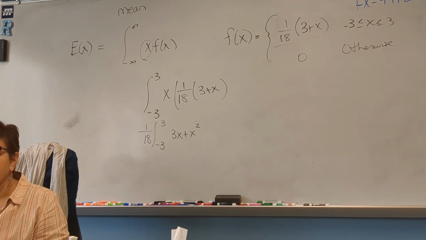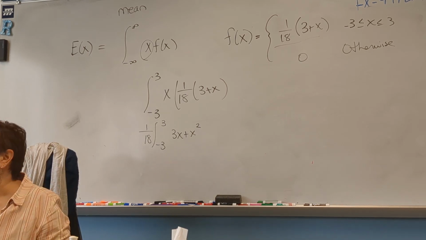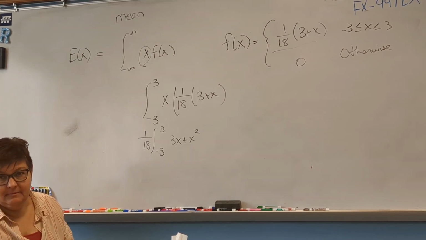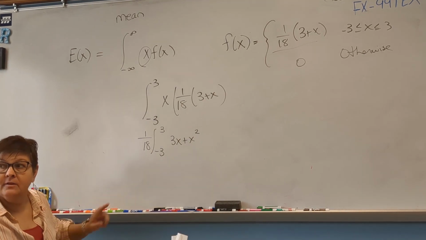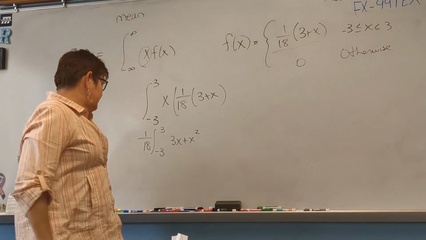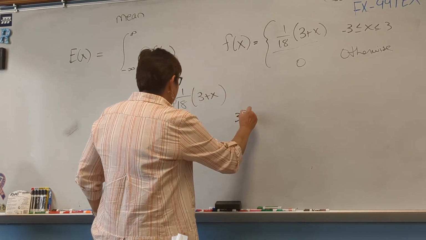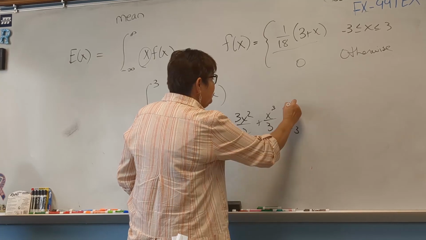So do we just integrate and find the mean? Yeah, good old fashioned integration. Does anybody need help with this to get the answer? It was 1. So you have 3x squared over 2 plus x cubed over 3 from -3 to 3.